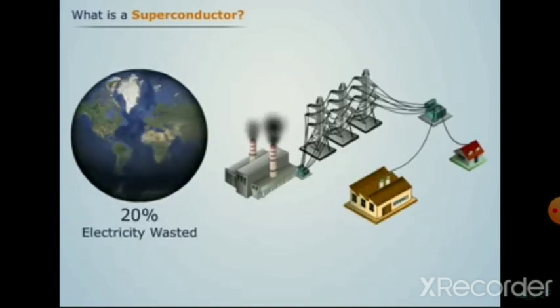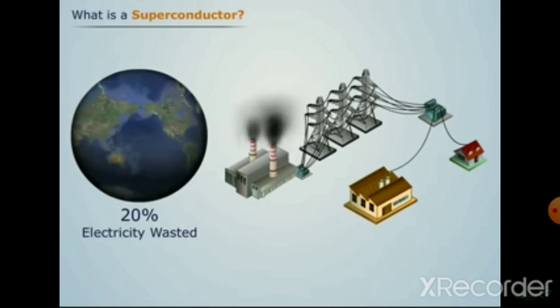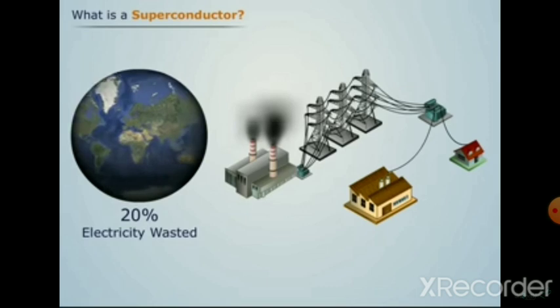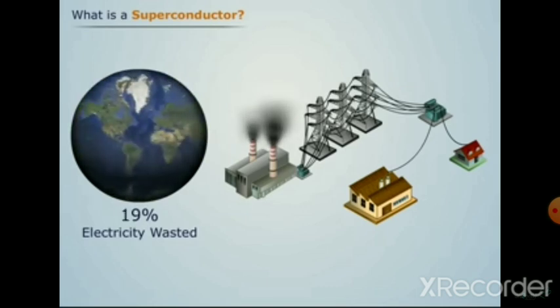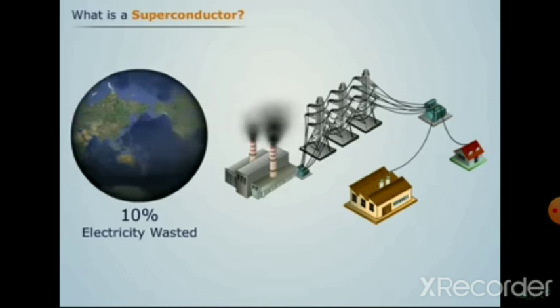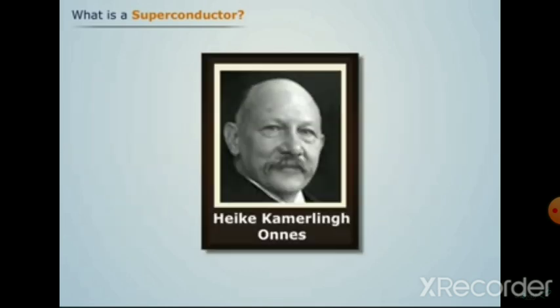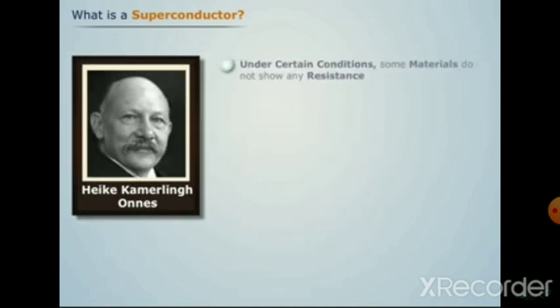Note that about 20% of electricity generated worldwide is wasted due to the resistance of wire and device. So you can imagine how much electricity we can save if we can reduce the resistance of the material. In 1911, Dutch physicist Heike Kamerlingh Onnes discovered that under certain conditions, some materials do not show any resistance.